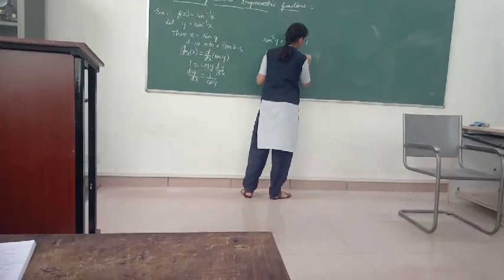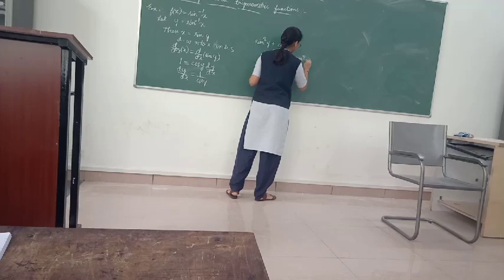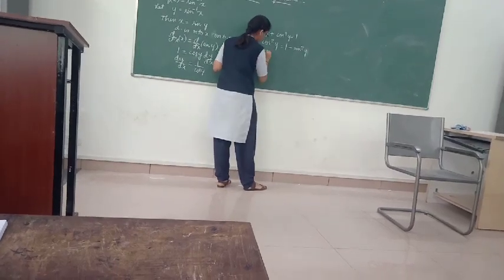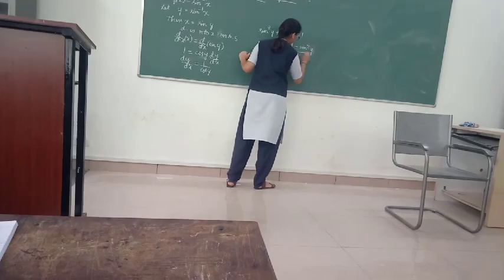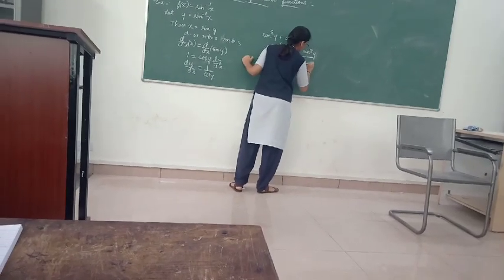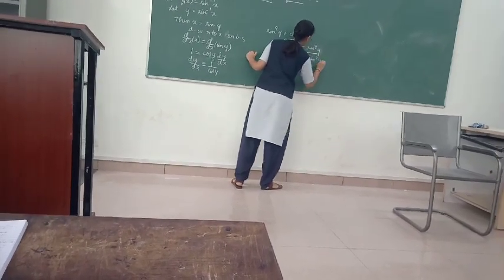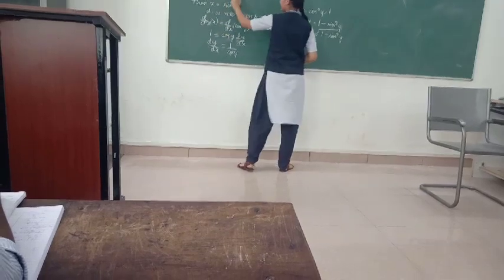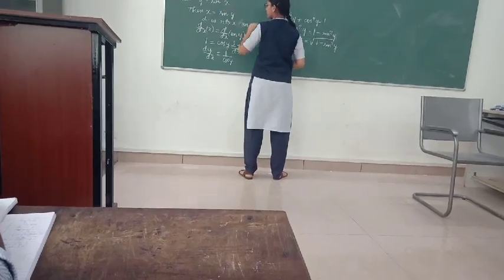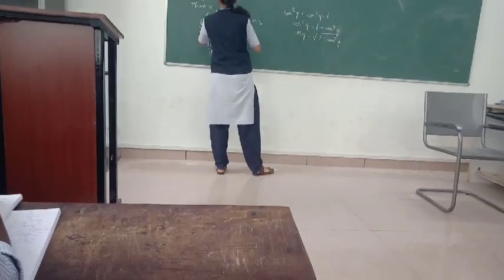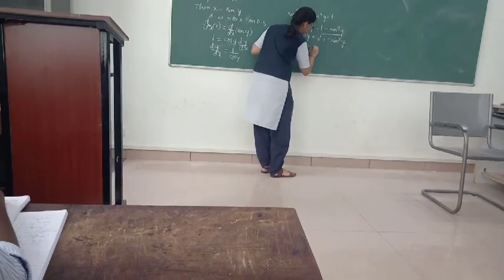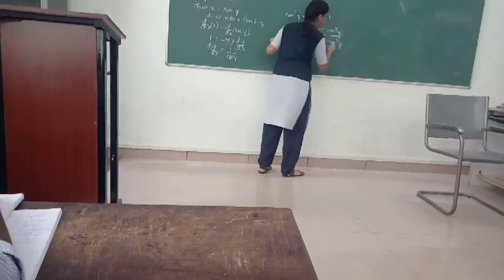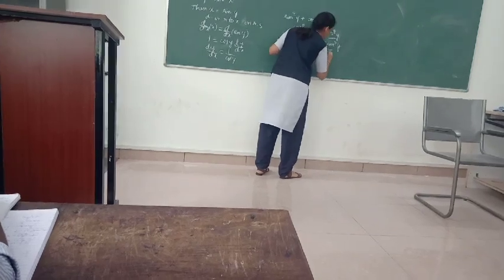On taking square roots on both sides, cos y is equal to square root of 1 minus sin square y. Here sin y is x, so cos y is equal to square root of 1 minus x square.